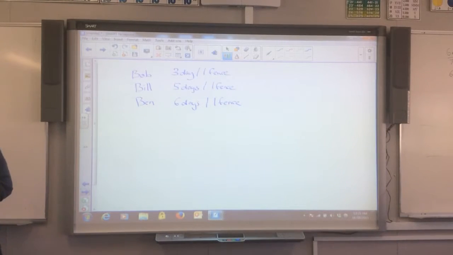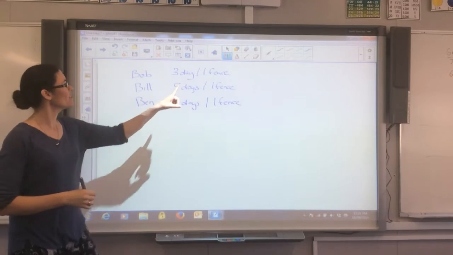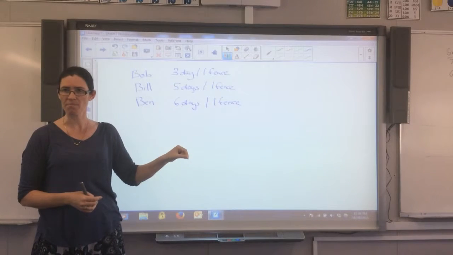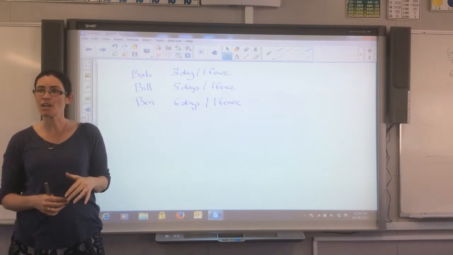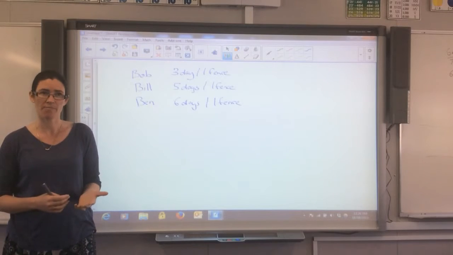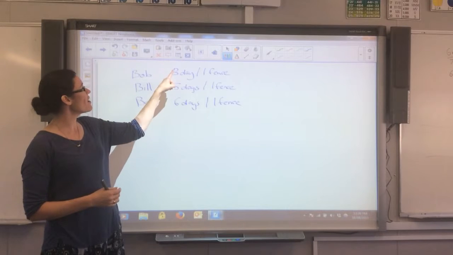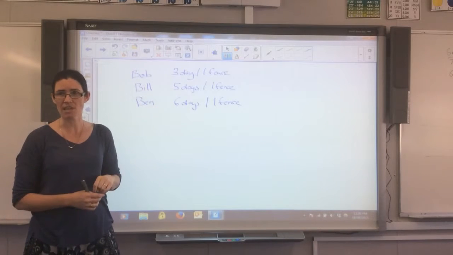Now, listening carefully for this one. What we have at the moment is that the number of fences that they're building is the same. What we want to make the same is the number of days they're working. So we need to change these rates so that the number of days is the same.